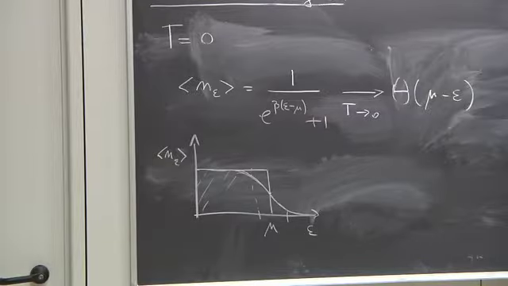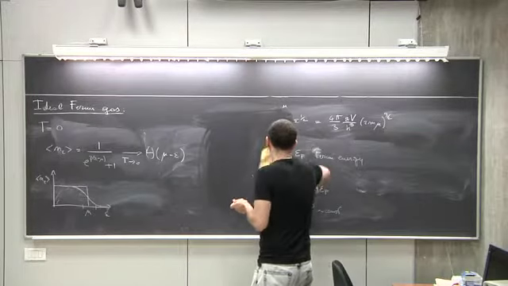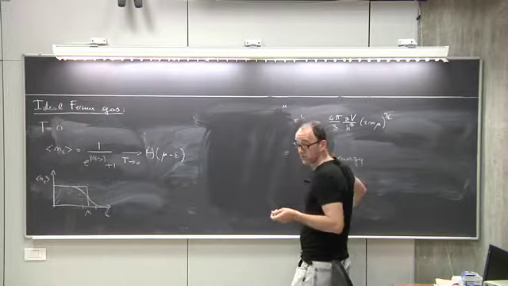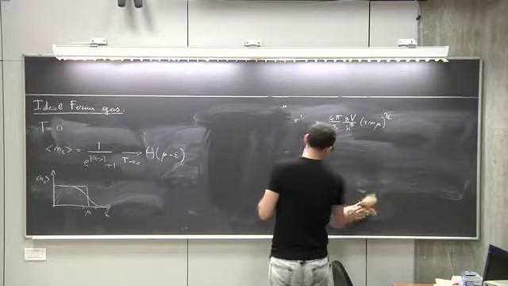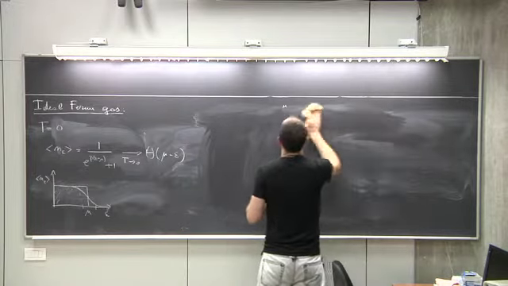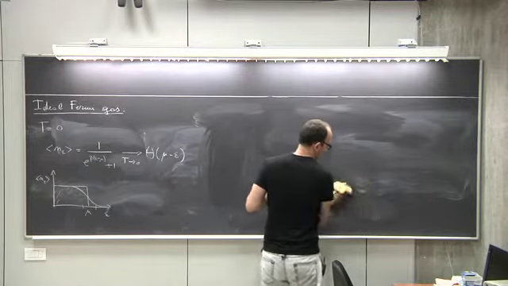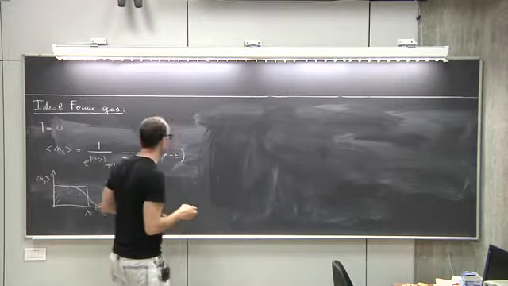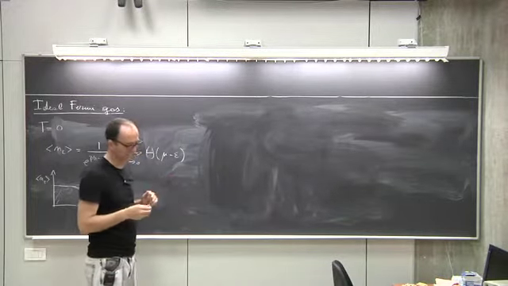Okay. Now, in order to discuss the regime where the temperature is very small, you need other approximations. Another approximation for these functions, f nu, is discussed in the book.